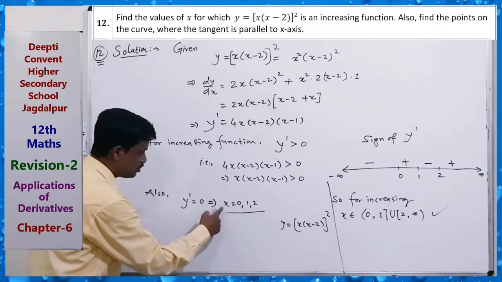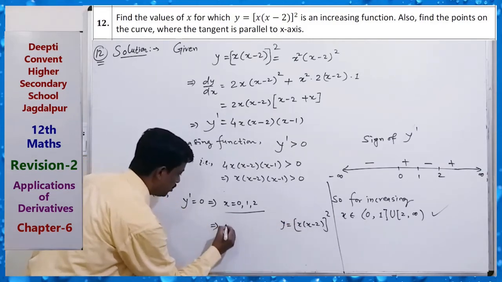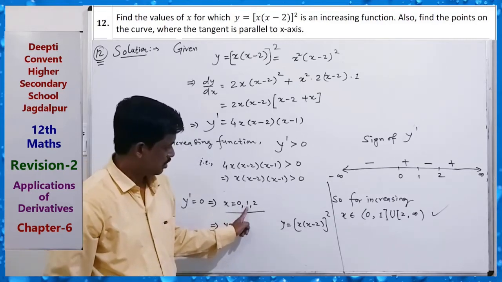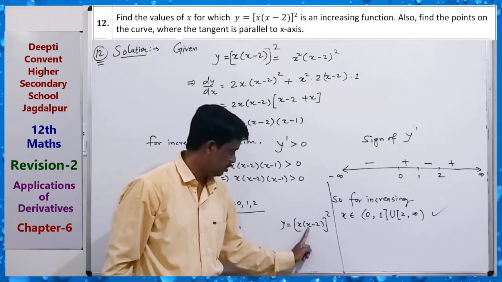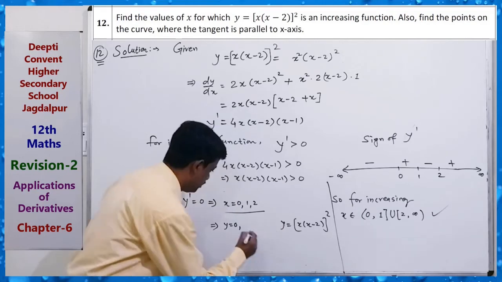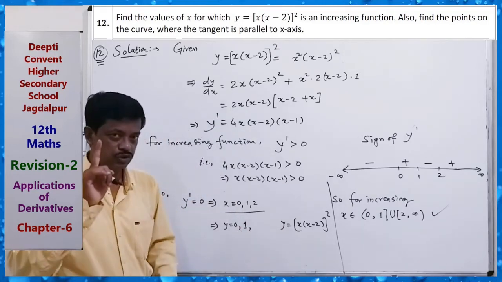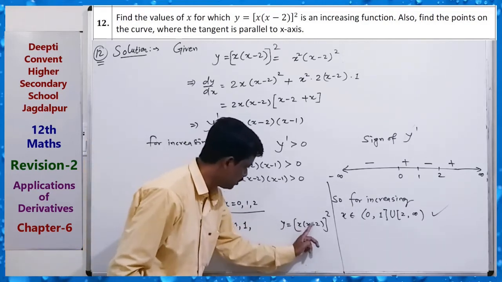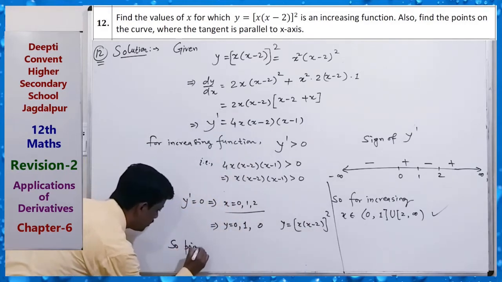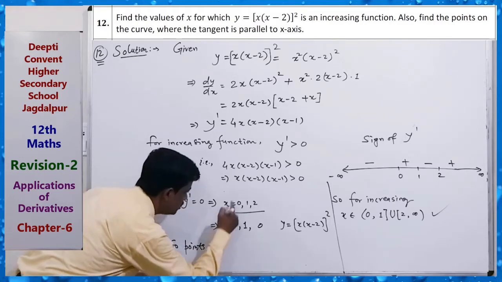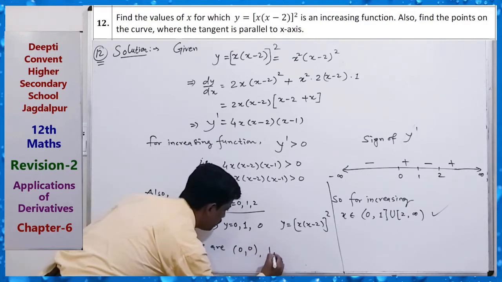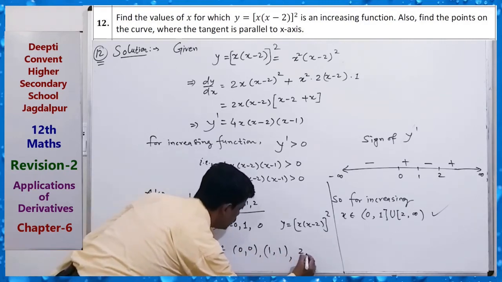So x equal to 0 gives y equal to 0. X equals 1: 1 minus 2 is minus 1, squared is 1, so y equals 1. X equals 2: 2 minus 2 is 0, so y equals 0. So the points are (0, 0), (1, 1) and (2, 0).